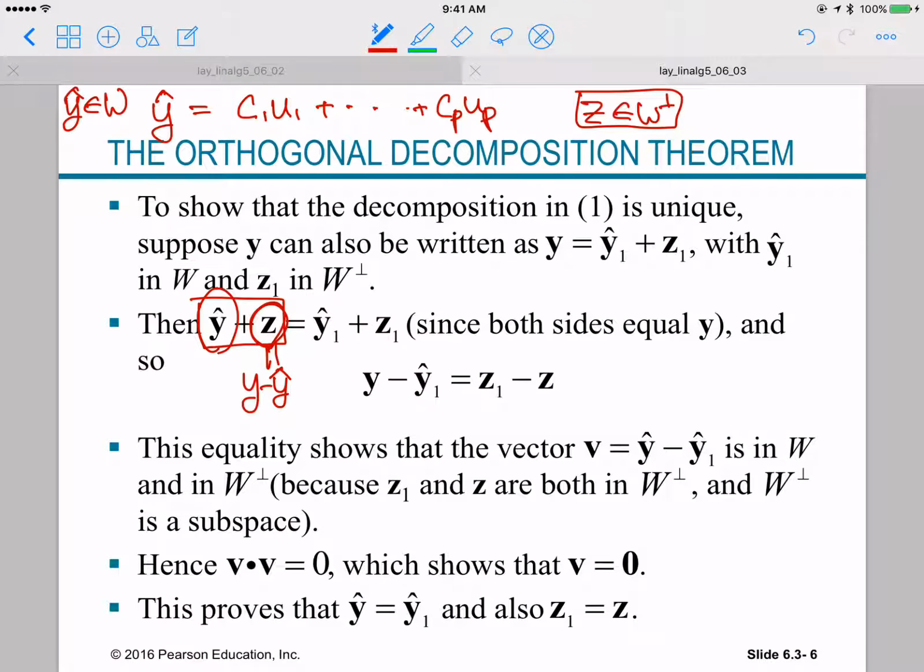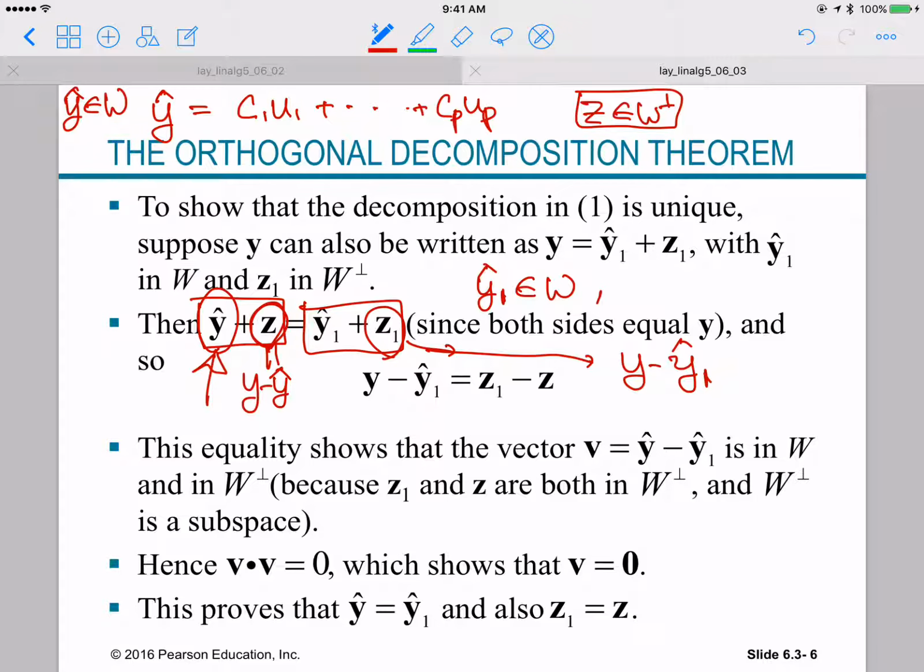Okay, and now let's think about another representation like this, where y1 hat, which is different from y hat, is still belonging to W, and this z1 is y minus y1 hat.